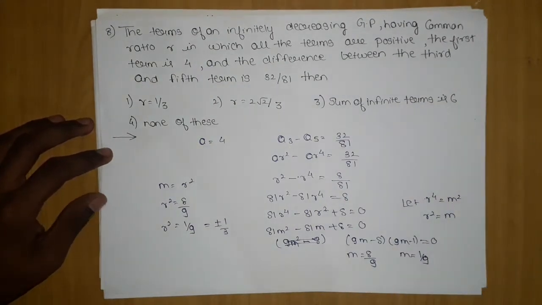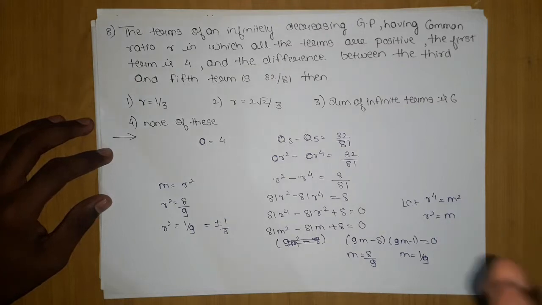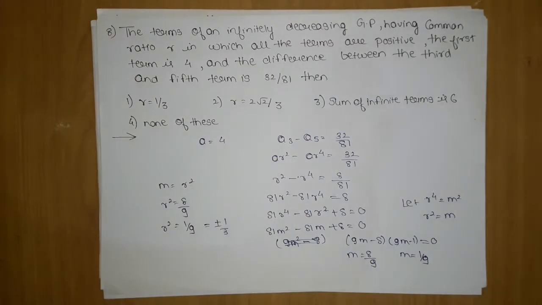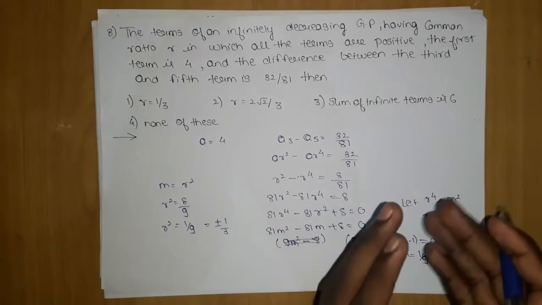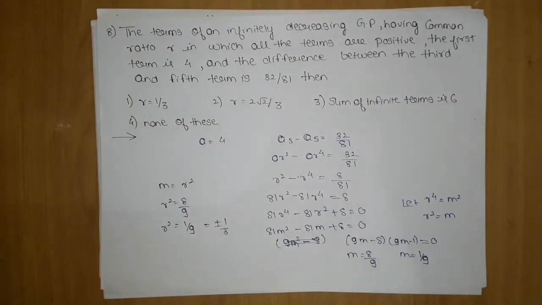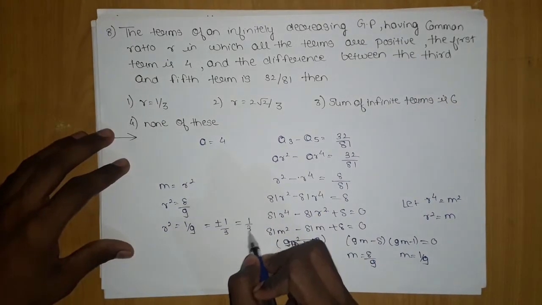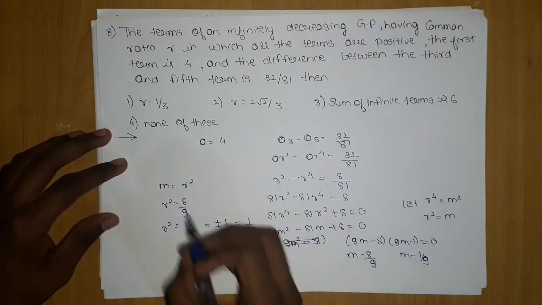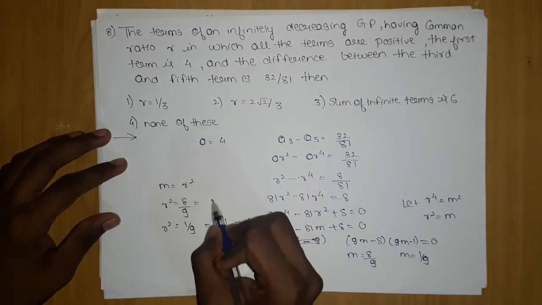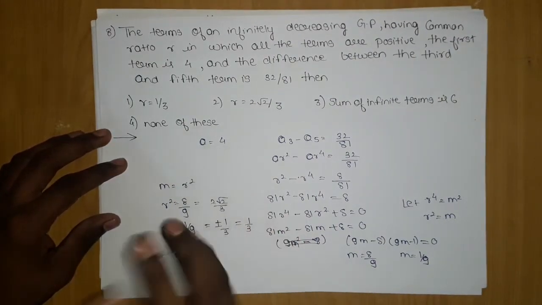Terms will be positive only if r is positive, because in GP you multiply by r each time: the second term has r, the third term r square, the fourth term r cube, like that. So r will always be positive. So you will consider 1/3 and reject minus 1/3. From the other one you will again reject the negative one and take 2/3.